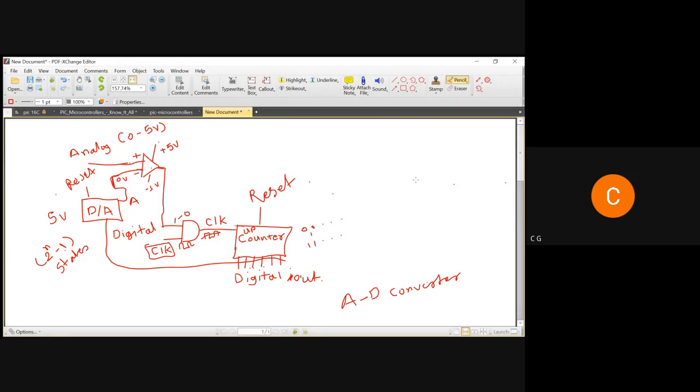The D to A converter is only one box with some resolution. There will be many digital inputs and then resistors with some ladder network, and this op amp, which will have its own output.